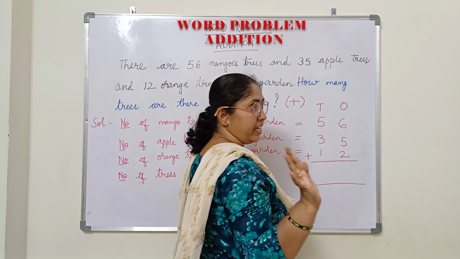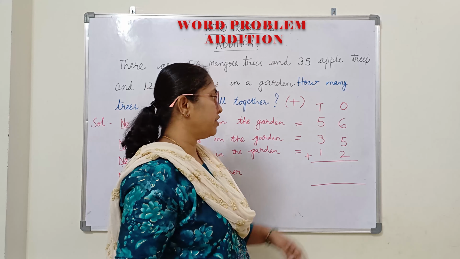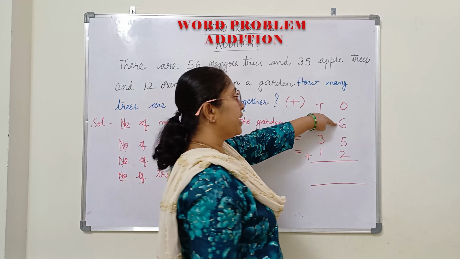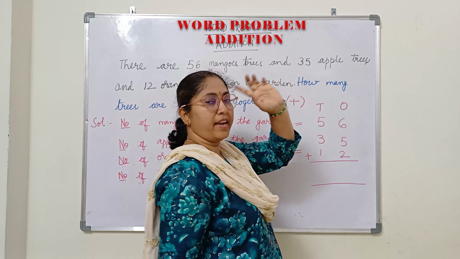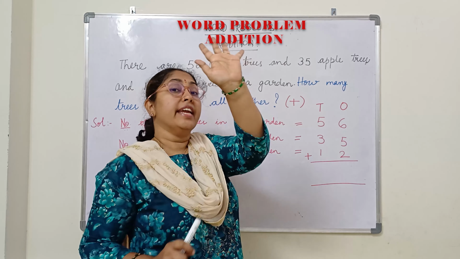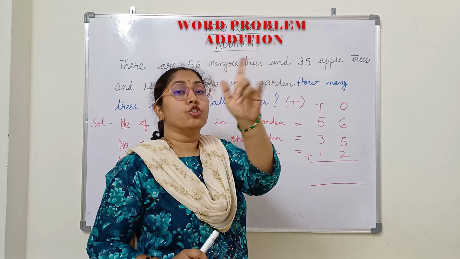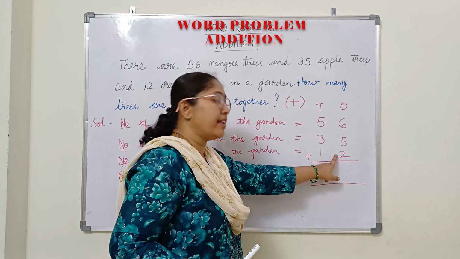So how we'll do addition is, take the first two numbers. Which number is big, 6 or 5? 6 is big. So 6 in your mind, 5 on your fingers. Count after 6: 7, 8, 9, 10, 11. It's a 2-digit number, so you will not write it directly. You have another number to add, that is 2.